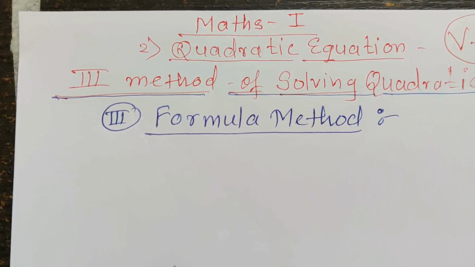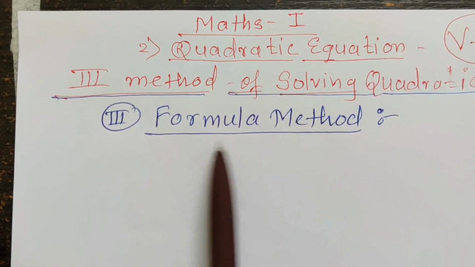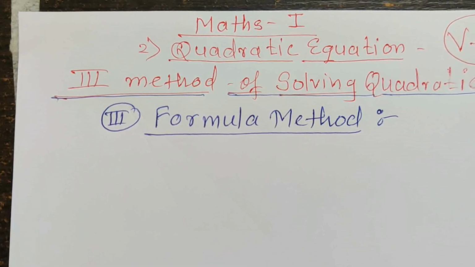And today we will see the third method of solving quadratic equation, that is the formula method. Formula method means we have a formula. We have to just use the formula, put the values in the formula, solve it, and you will get the roots of the quadratic equation. It is a simple method.